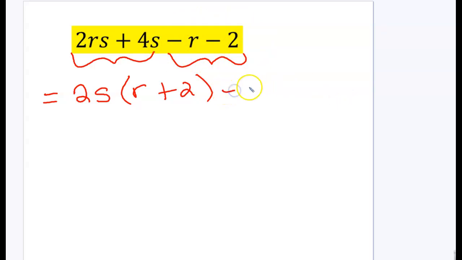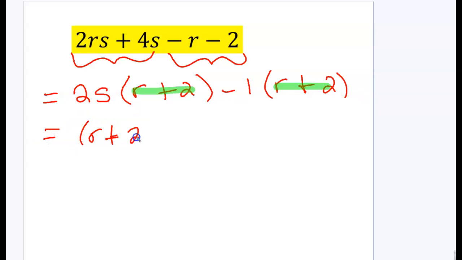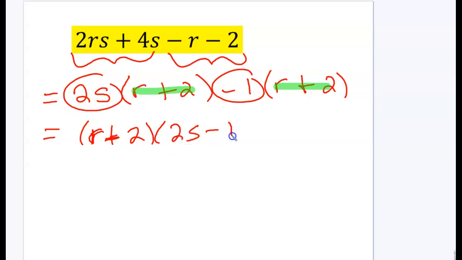And hopefully you see if I factor out a negative 1, I'll be left with positive r plus 2. Now I have positive r plus 2 that's common to both terms. I'll factor out now the r plus 2, and I'll be left with the 2s minus 1 as my second factor.